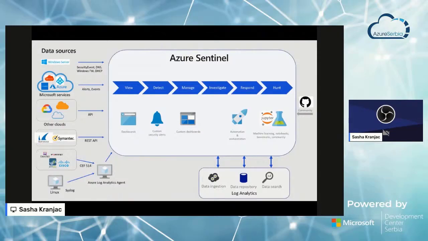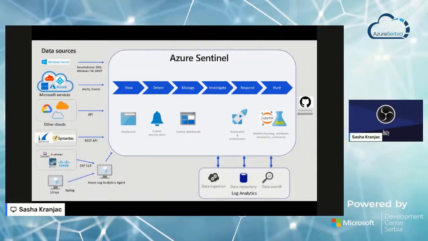First of all, the look and feel of the Sentinel is that we have dashboards that help us to view what is happening. On the left, we have data sources that can stream in Sentinel. Then we have detection capabilities, which are custom security alerts that we see through the dashboards.